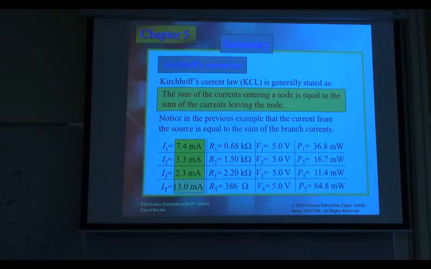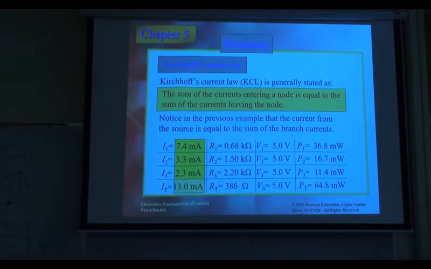So this one is negative 7.4. The second one is negative 3.3. The next one is negative 2.3. And the source current is positive. That one equals 13. And all these added together must be equal to 0. If you move the three negatives to the right, that is this one.